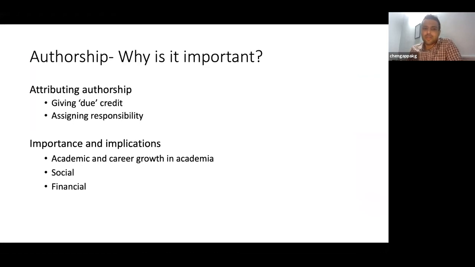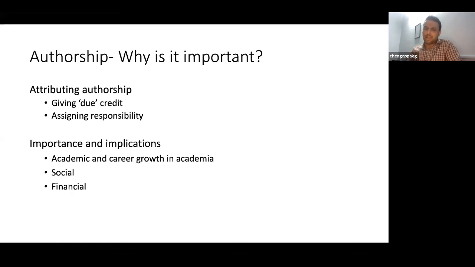So this is important in academia, especially for career growth in an academic institute or as a scientist, or socially, when you meet your friends at a conference. If you have a publication, if you're an author, you feel good. And now we have all these author profiles where you can show off some of your publications.